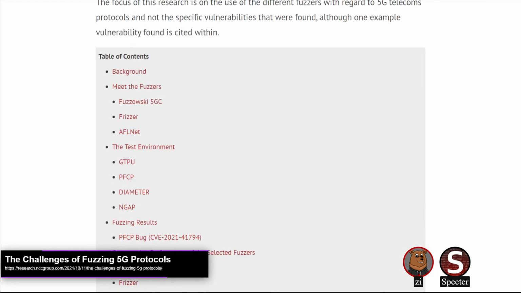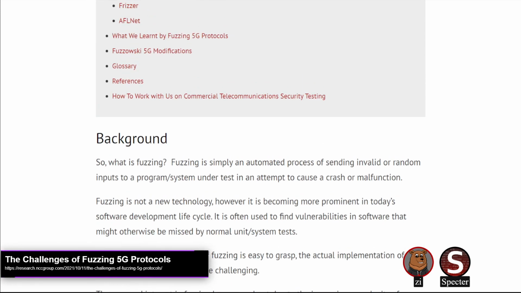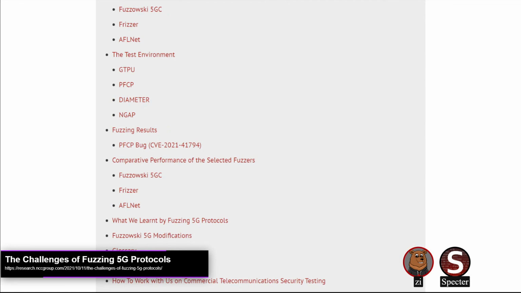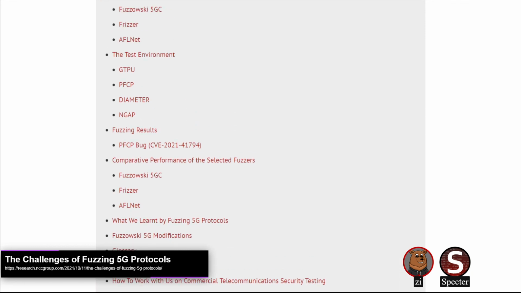It looks at some of the tooling and some of the options they took to get tooling up. I thought it was a somewhat interesting overview, giving a lot more insight into the background toward finding a bug, their whole test environment and stuff, especially for 5G. I don't see a lot of information floating out about that in a lot of places, so I figured it was worth at least giving him a shout out here.